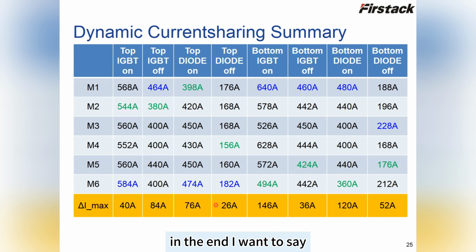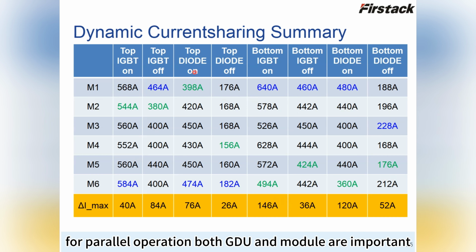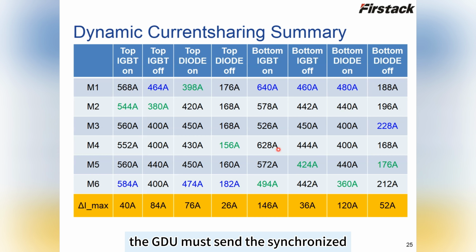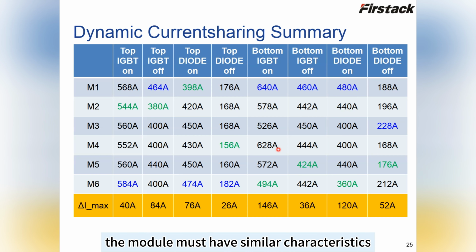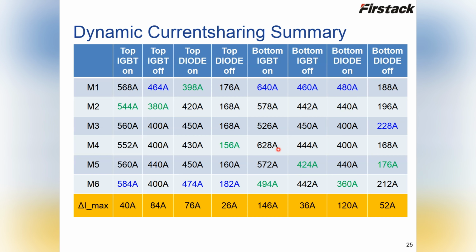In the end, I want to say that for parallel operation, both the GDU and the module are important. The GDU must send the synchronized switching command, and the module must have similar characteristics. Before we start parallel operation, sorting the modules is a critical step to ensure system performance and reliability.